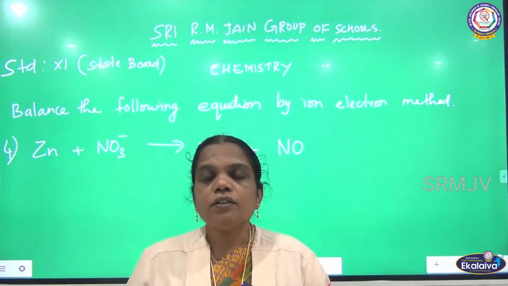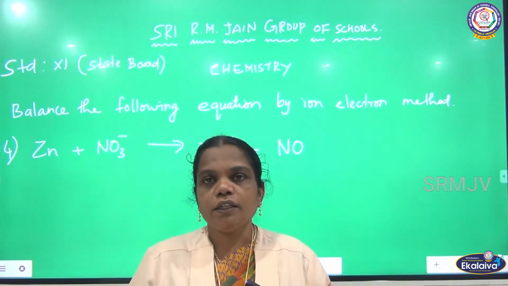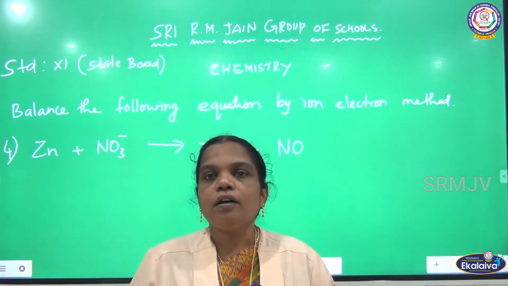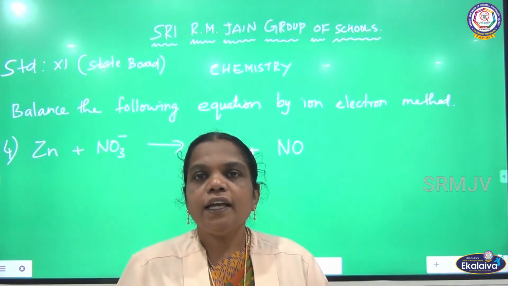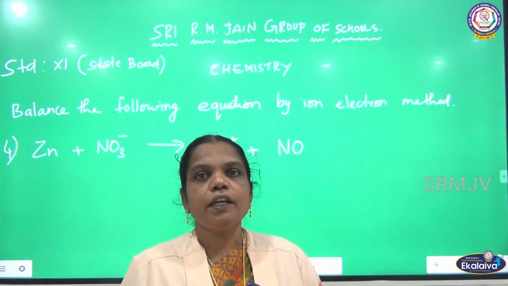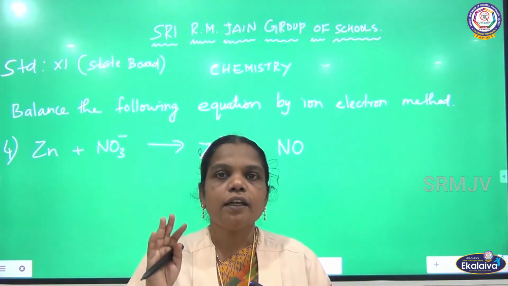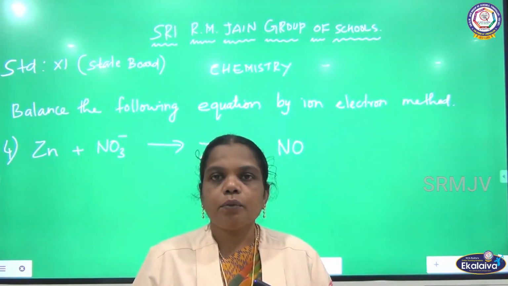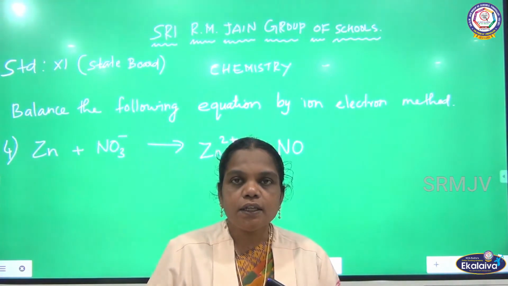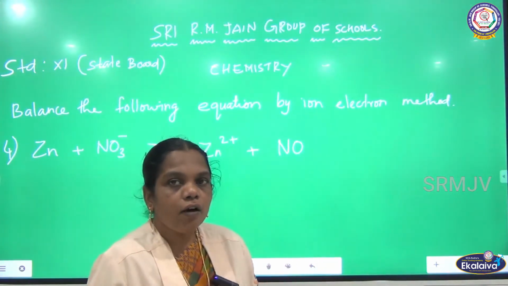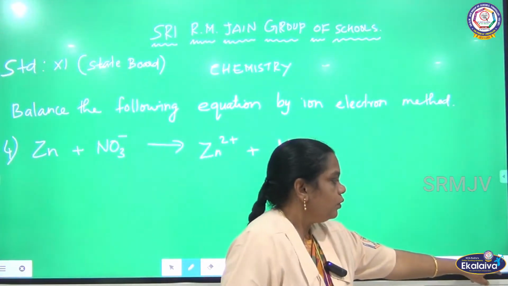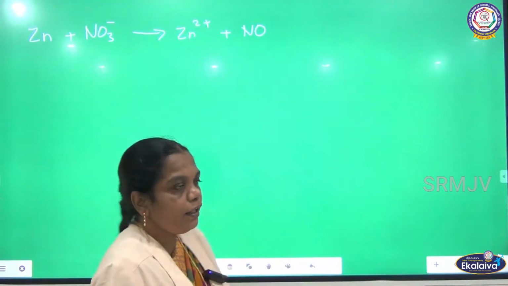The increase in oxidation number means oxidation process and decrease in oxidation number means reduction process. By this way you can find out the element undergoing the oxidation and the element undergoing the reduction process.